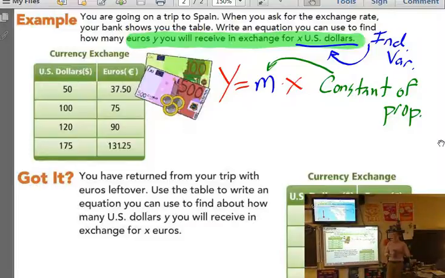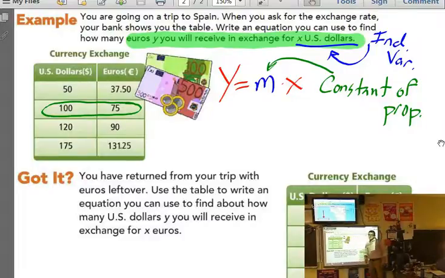Can I do the question? I have the answer. Okay, so how did you figure it out? I don't want just the answer. Okay, go ahead. So I was looking at the table and I'm like, what's the simplest way to do it? I saw the second one, which is 100 to 75, and that seems the most simple because I'm looking at all the other ones.